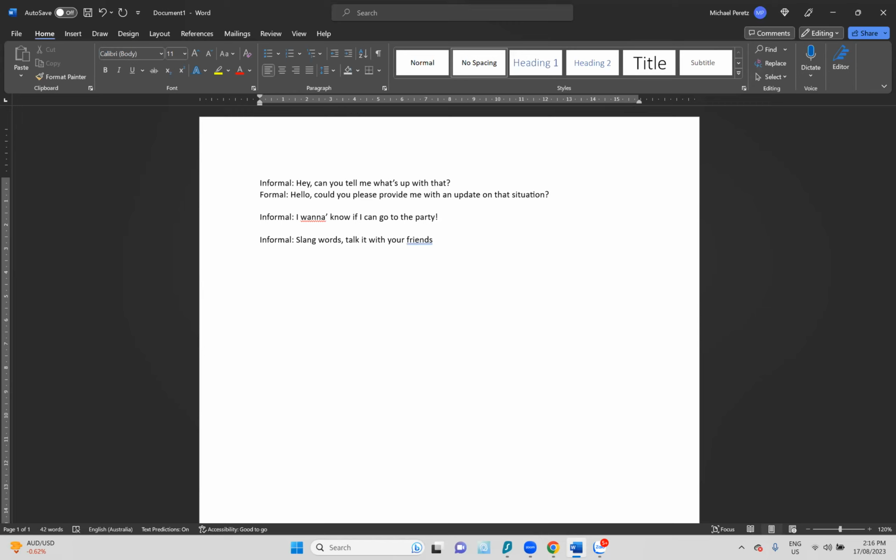Then we have this middle grade, I suppose, that's neither formal nor informal. So something like, I would like to know if I can go to the party. It is most certainly more formal than I want to know if I can go to the party, but it's not quite formal. So I'm just trying to think of another good example.